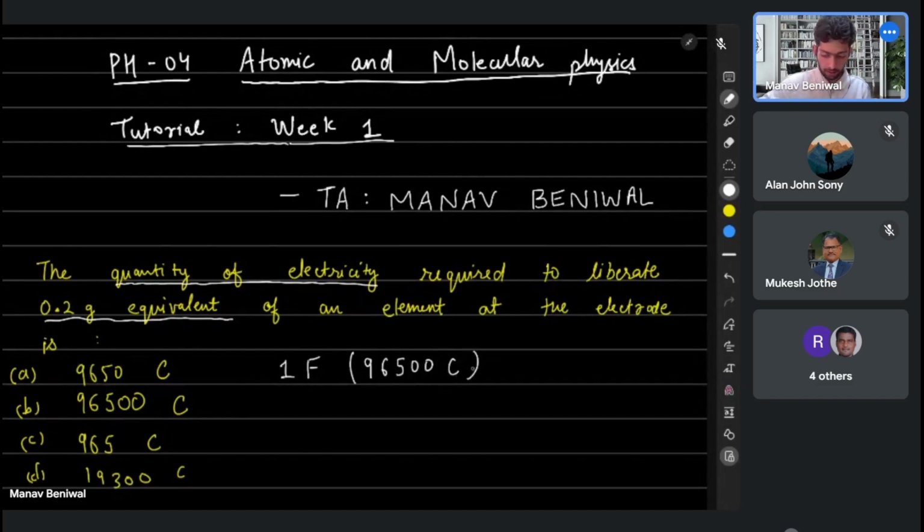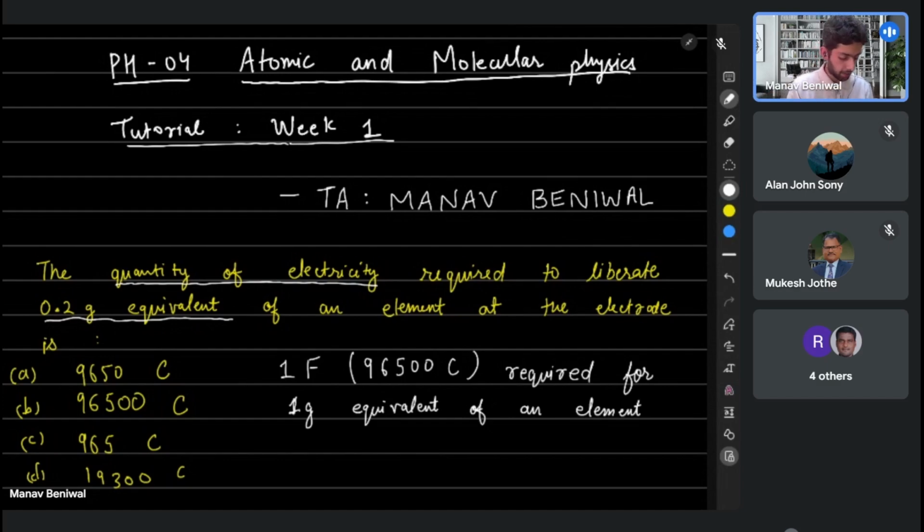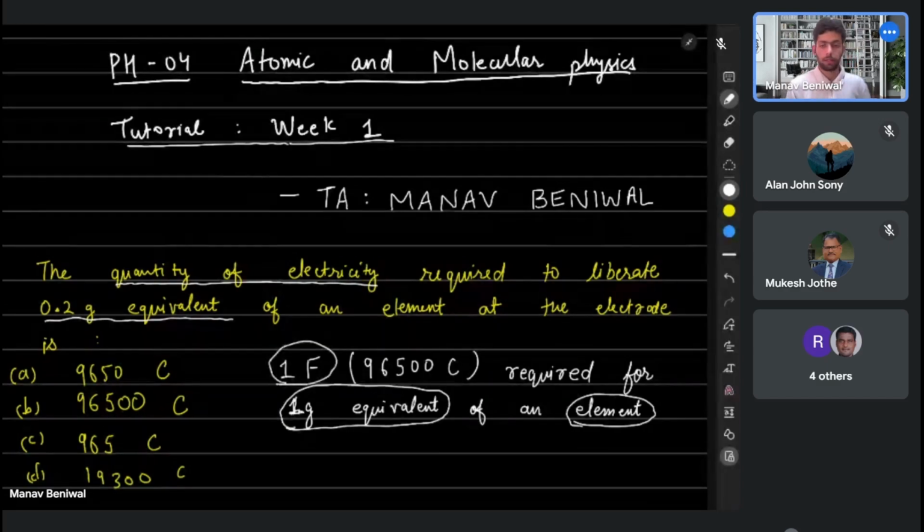Okay. This is required for 1 gram equivalent of an element. Okay, correct. So if we have any element and we want to deposit it on electrode, then to deposit 1 gram equivalent, we need 1 Faraday of charge, right?